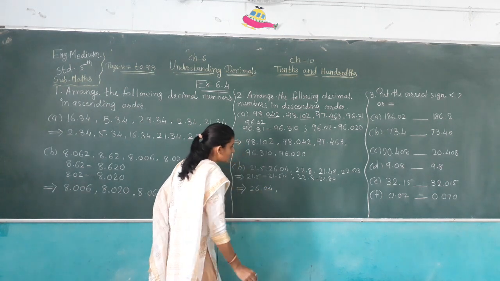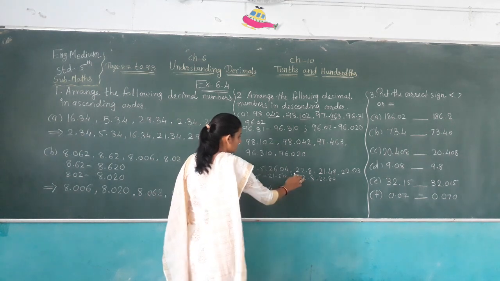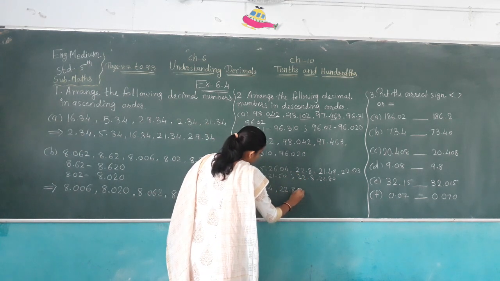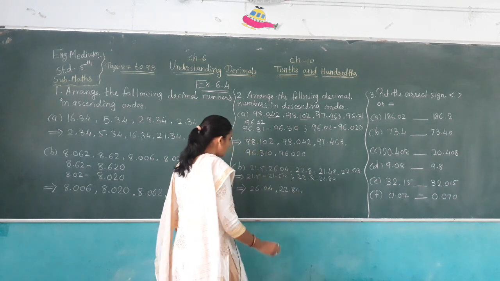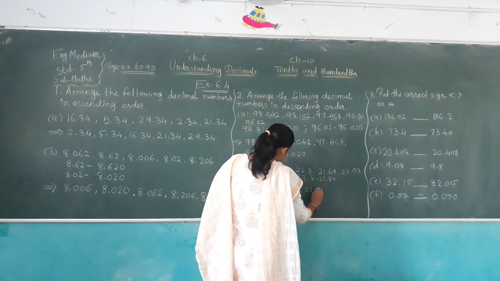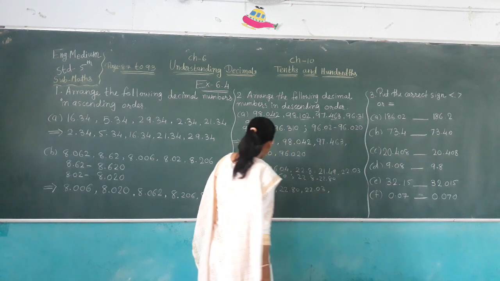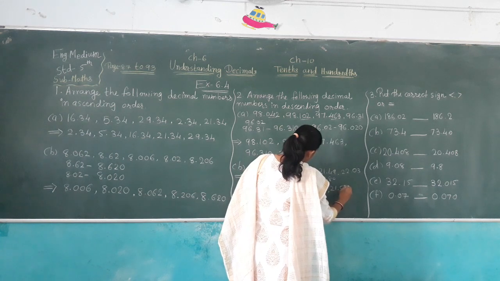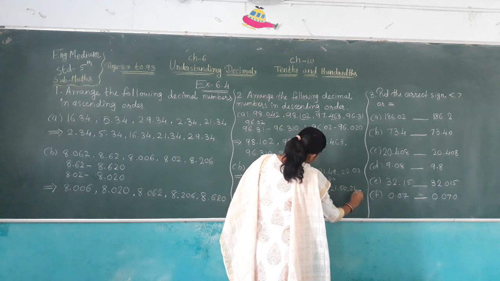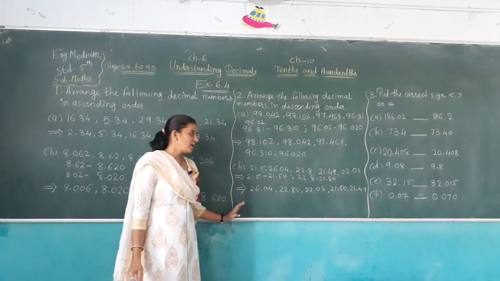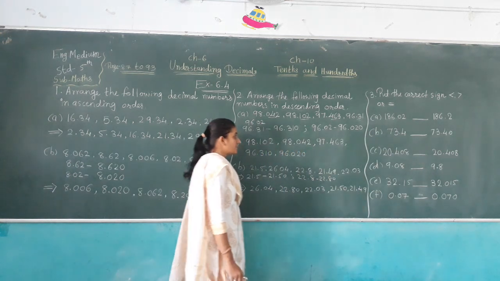After that 22.80. After that 22.03. After that 21.50 and last one 21.49. Arranging greater number to smaller number.